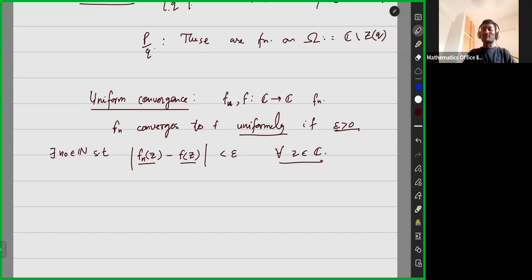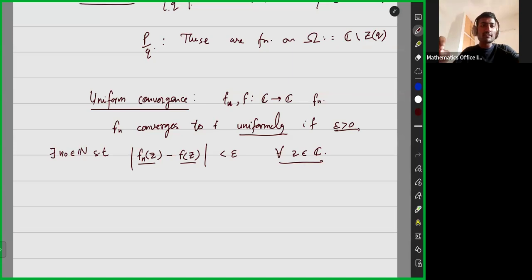Okay, sure. So here we could say pointwise convergence. This sequence Fn converges to F pointwise if for every z, Fn(z) and F(z) are very close, or Fn(z) converges to F(z), but the same n naught does not work for every z here.